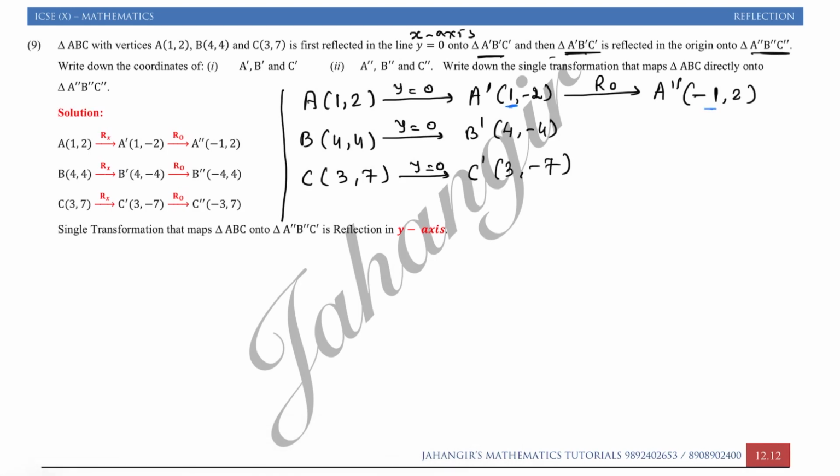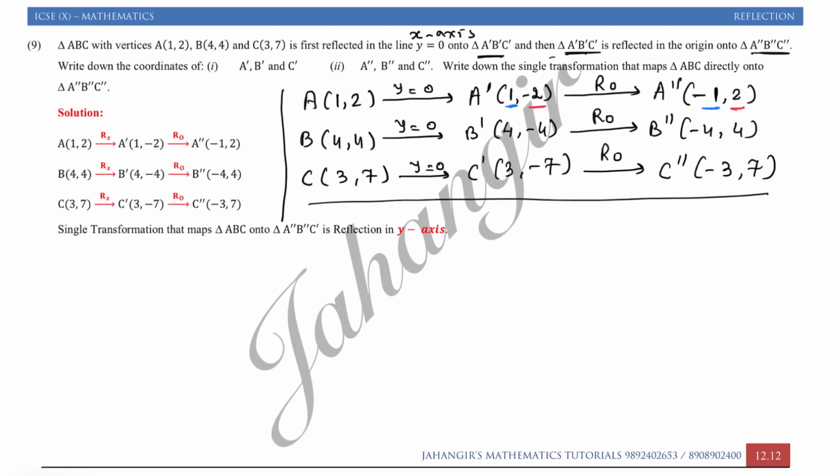This 1 will become minus 1 and minus 2 will become 2. Same way with B, reflecting in origin, B double dash is (minus 4, 4), and C double dash is (minus 3, 7). So we got the answer for A double dash, B double dash, C double dash.